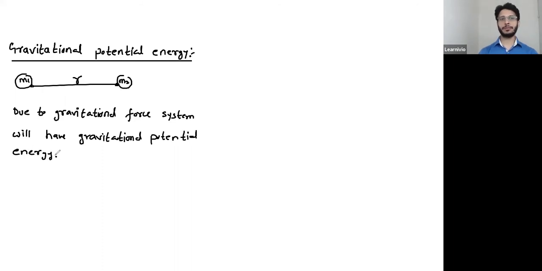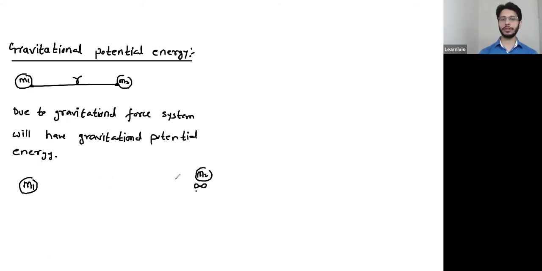To derive that potential energy, we take the help of work done. We take a mass m1 here, and we put another mass at infinity. Infinity means a point where the gravitational field of m1 vanishes, so there is no interaction between m1 and m2.